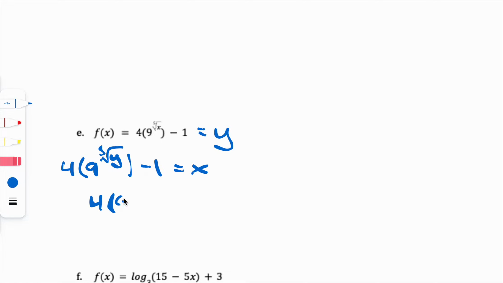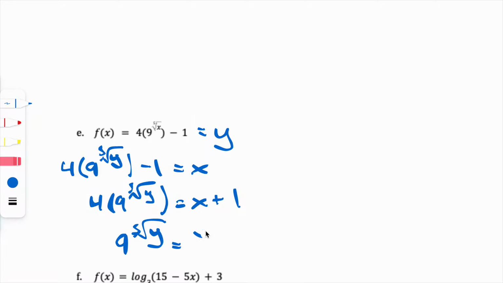We get 4 times 9 to the 5th root of y equals x plus 1. Then we want to divide by 4. So we have 9 to the 5th root of y equals x plus 1 over 4.